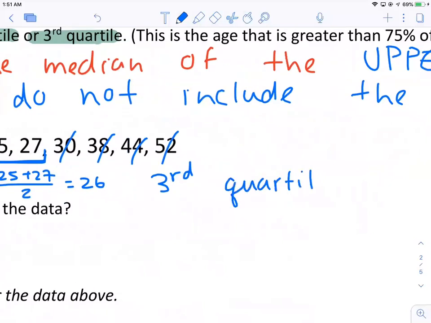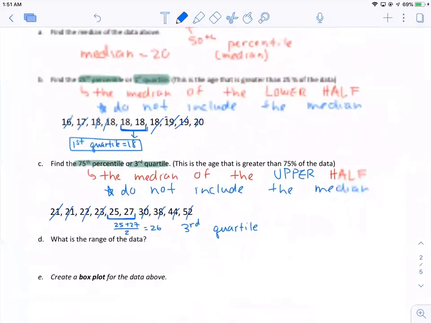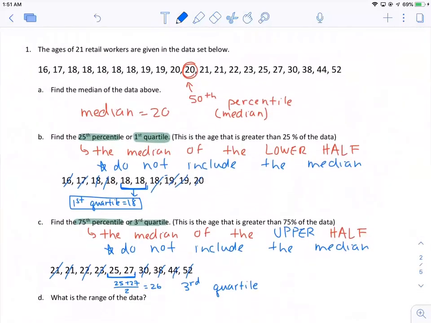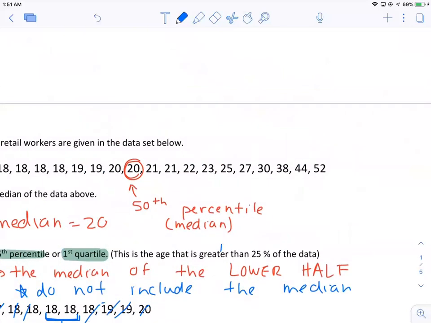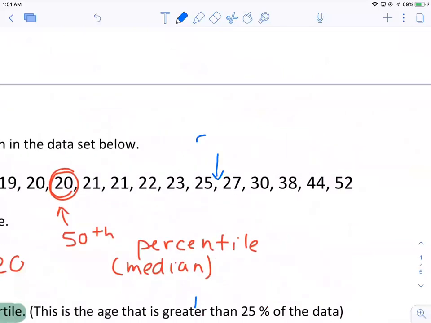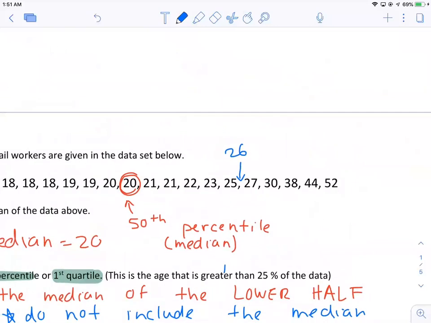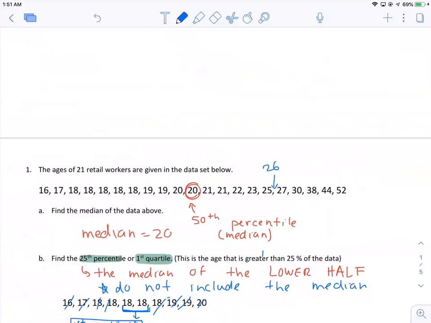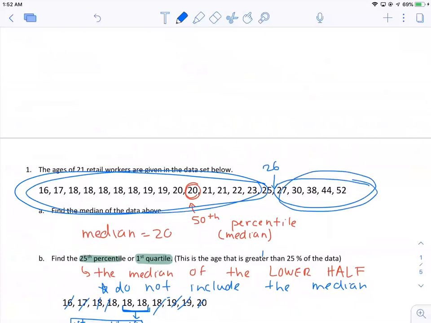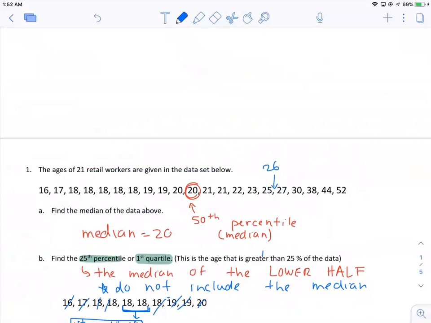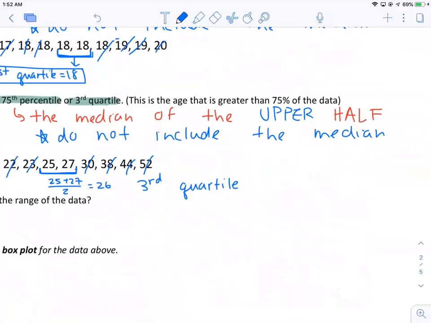This age is bigger than 75% of all the ages. That was our third quartile. That means 75% of our data is below, and only 25% of the data is more than that 26. That is what we call the third quartile.